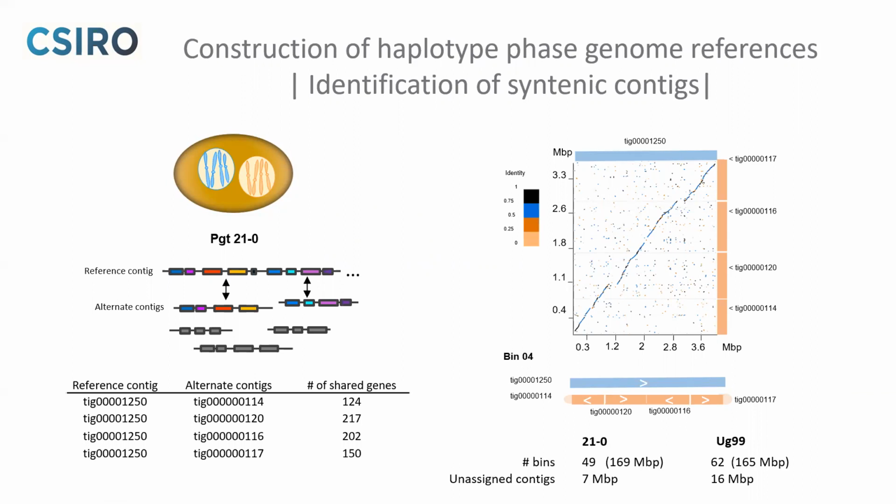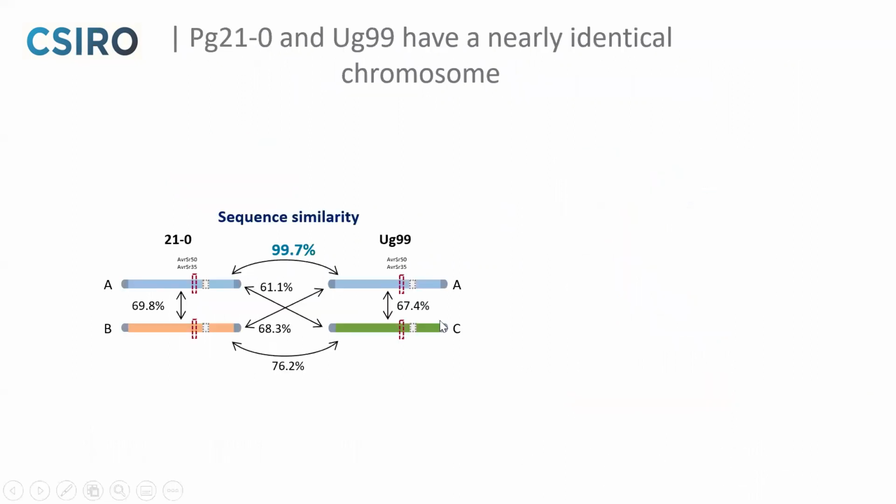One of those chromosomes was the chromosome that contains AvrSr50 and AvrSr35, and we reconstructed both haplotypes. One of the surprises is that one of these haplotypes in 21-0 was highly similar to that in Ug99.